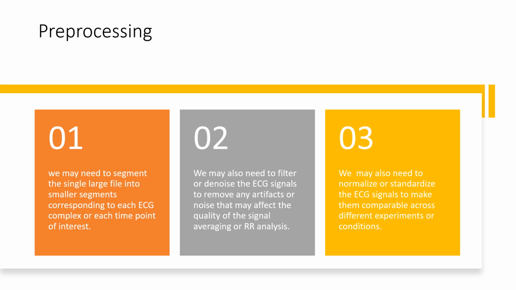We may also need to filter or denoise the ECG signals to remove any artifacts or noise that may affect the quality of the signal averaging or RR analysis. 3. We may also need to normalize or standardize the ECG signals to make them comparable across different experiments or conditions.